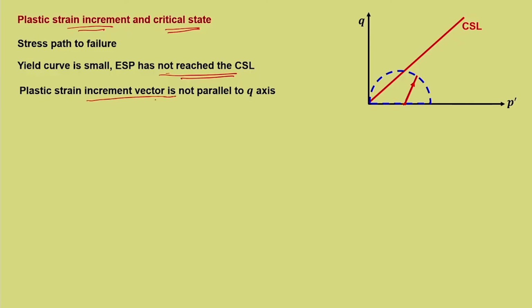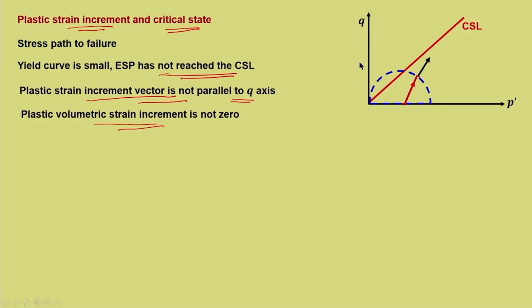Now, the plastic strain increment vector is not parallel to the Q axis. That means the plastic volumetric strain increment is not 0. I will explain what actually this is. You can see that this is the plastic strain increment vector, the direction at this particular point where the effective stress path is touching the yield curve. Now, this has not failed. At this point, the plastic strain increment vector is not parallel to the Q axis.